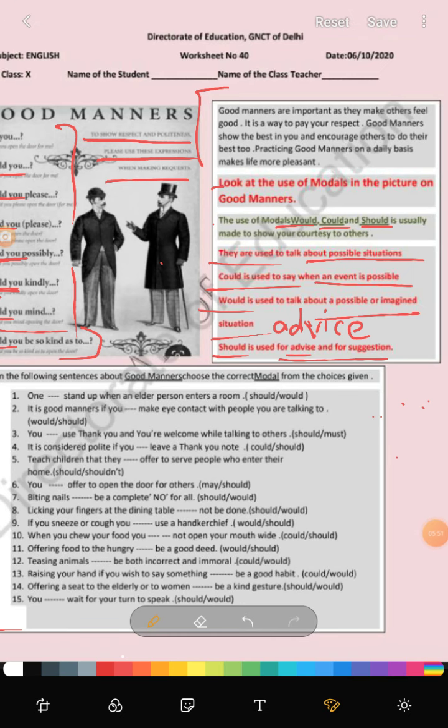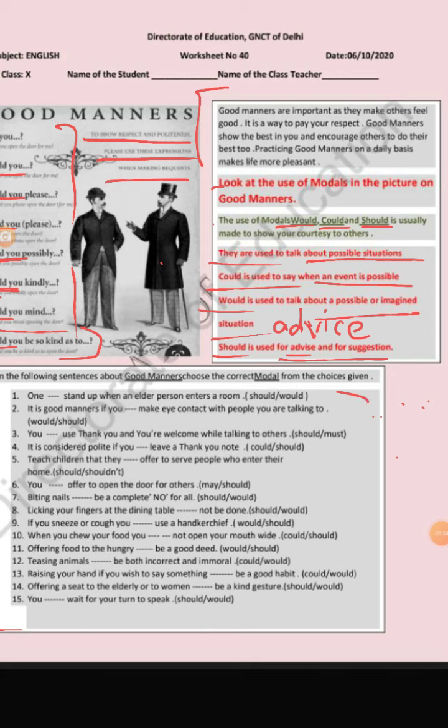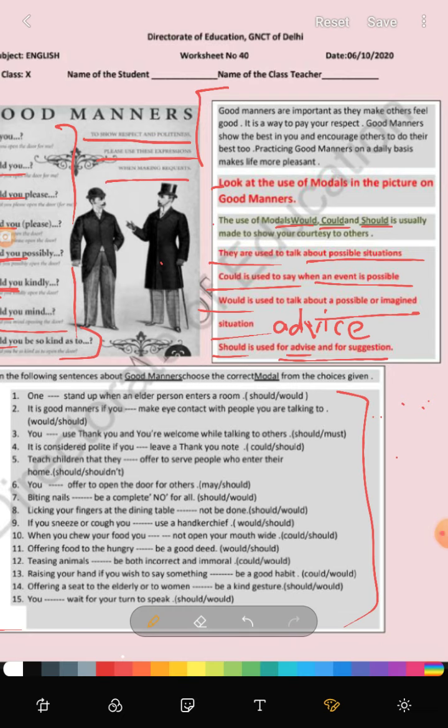So again, we are given some sentences here on good manners. Then you have to use should, would, could, must, may. As you know, this worksheet is based on good manners.